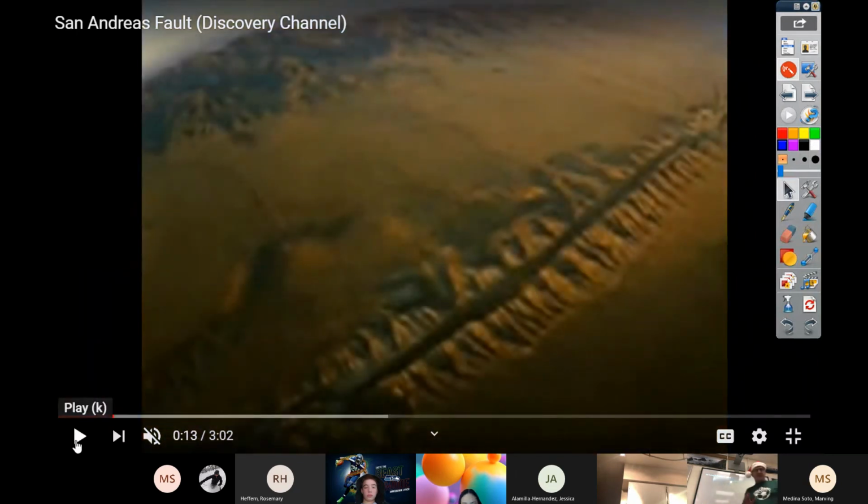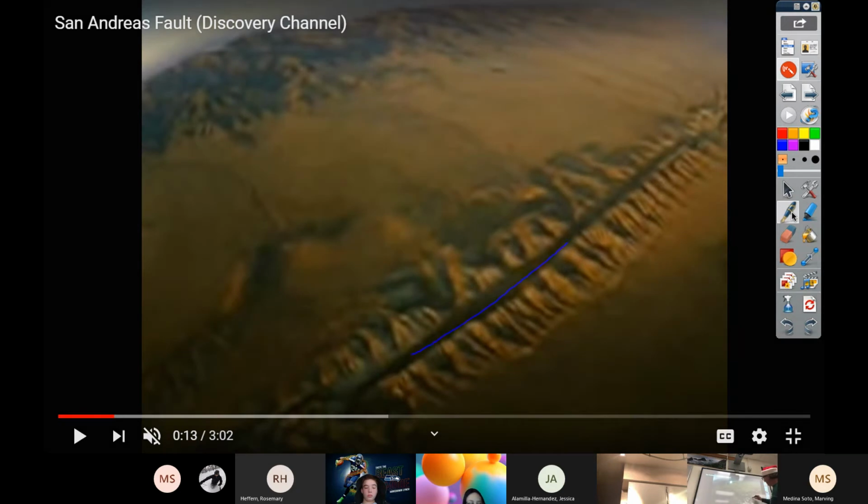This is what I was trying to talk about. So we can see where the land is all scarred. On one side of that valley is the Pacific plate. Basically, this side is the Pacific plate, and this side is North America. Pacific and North America over here. And that's the San Andreas Fault in between.